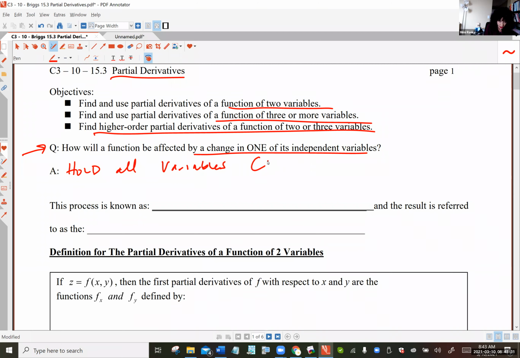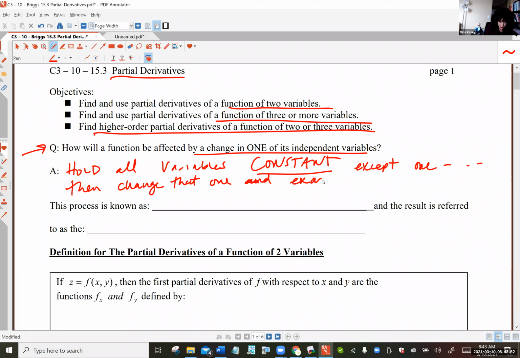The word constant, underline it, because that's going to be your key. Except for one, the one that you're trying to examine what's going on. Then change that one and examine the results.